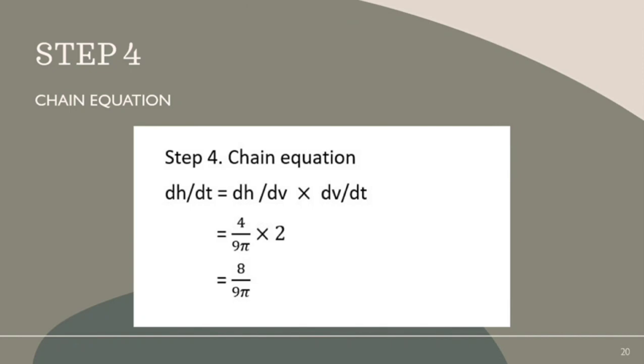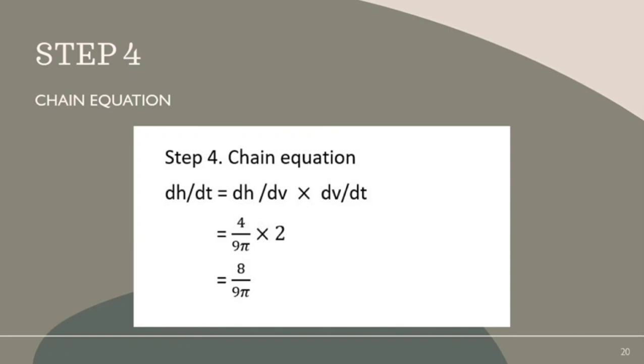At the something place, if we put the same thing, the answer will also be dH over dt again. So we choose to put dV, which can be related to solve the problem. And that's why we get dH over dt equals dH over dV times dV over dt.